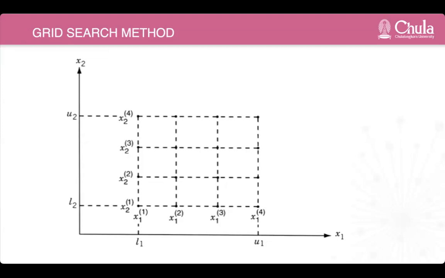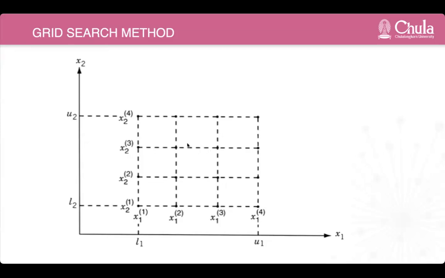Then you can use grid search method as a starting algorithm to generate an initial point. But in this case, we don't rely on other algorithms. We just use grid search method only.